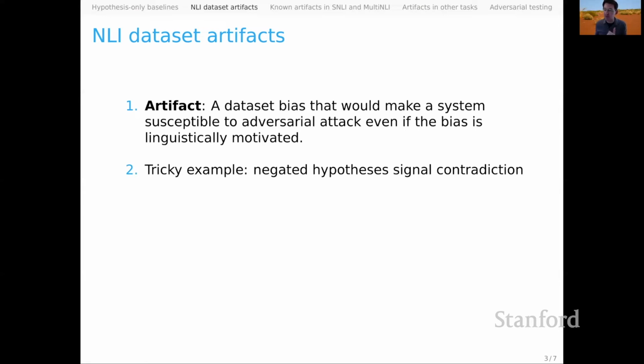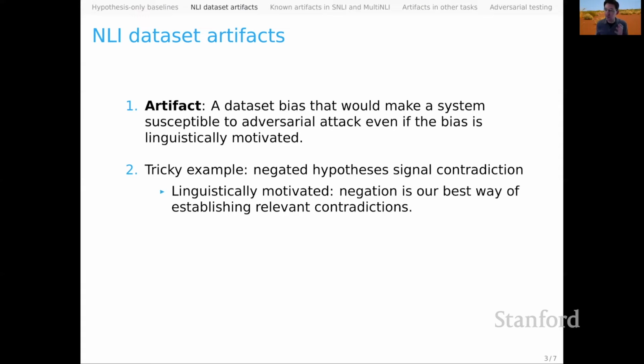Consider negated hypotheses tending to signal contradiction. This is a very natural thing linguistically. If you give me a sentence like "the dog barked," and you ask me to construct a contradictory sentence, it's very natural for me to say "the dog didn't bark" by simply inserting a negation. So it's not a surprise that this happens. It's linguistically motivated. Negation is our best way of establishing the relevant kind of connection.